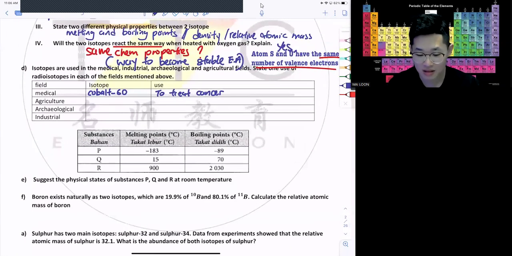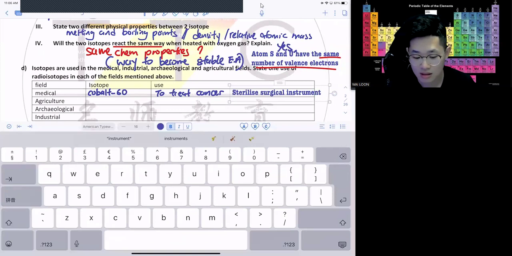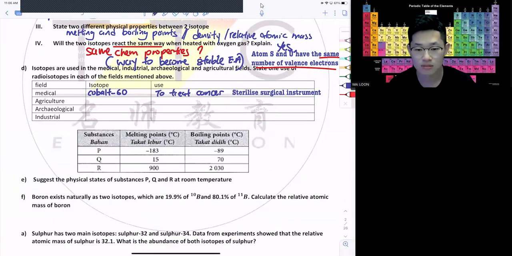Or it is used to sterilize surgical instruments or surgical equipment.